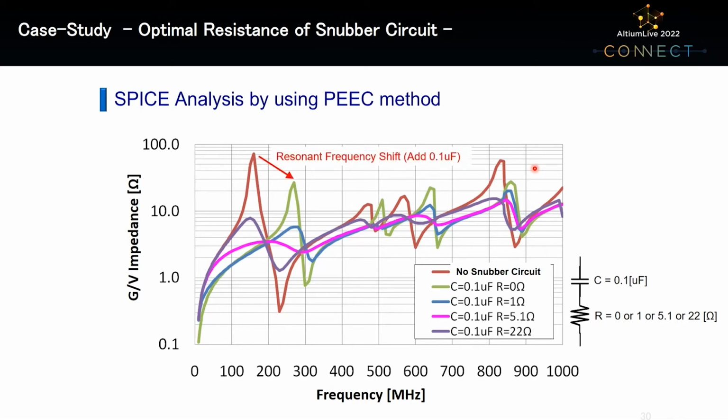By placing a capacitor of 0.1 microfarad, the resonance frequency is shifted higher. By adding a resistance of 1 ohm in series, the quality factor is lowered. This is because the high-frequency noise current has changed to thermal energy due to the resistance.